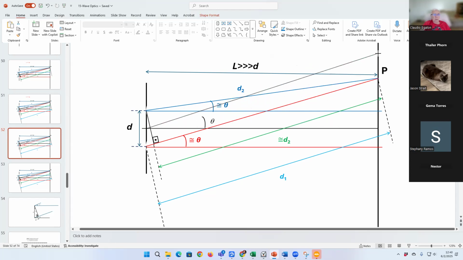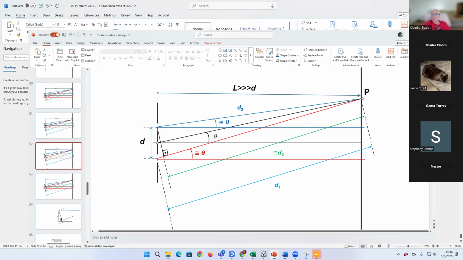And if you restrict that to within 20 degrees, the approximated formula holds very well. And now what are we going to do? We got the optical path length difference between these 2 light rays, okay?